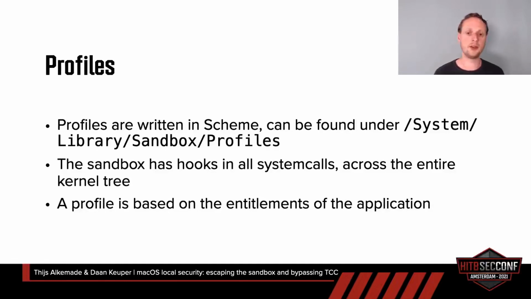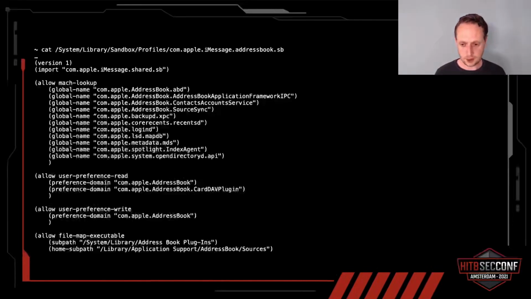And the profile is based on the entitlements of an application, as some kinds of entitlements require some additional Sandbox exceptions. This is an example Sandbox profile. This is for the iMessage address book application, where you can see it can communicate with certain services and can read and write certain files.